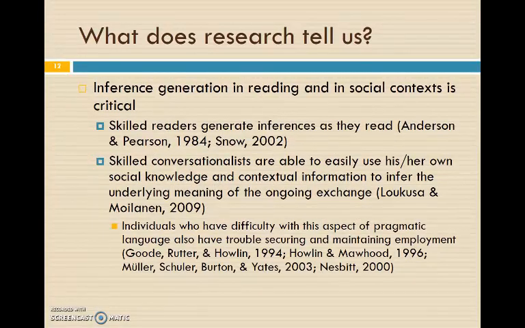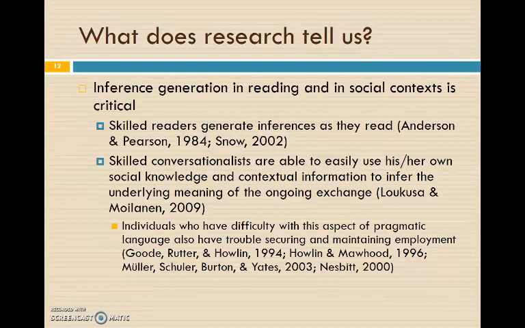Also, because this is a key shift, and inference generation is something that's near and dear to my heart, I wanted to talk about that. So we know when we think about inference generation in reading that skilled readers are pretty much automatically generating inferences as they read. So by that I mean they're reading a text and they're pausing and they're saying, oh, I wonder, blah, blah, blah.